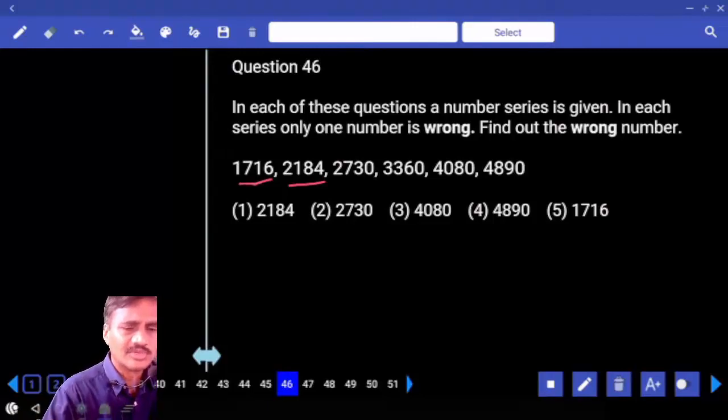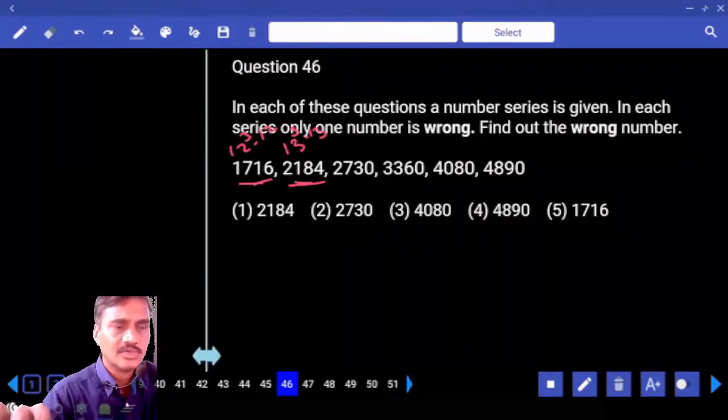And 12 cube is 1728, and this can be written as 12 cube 1728 minus 12. 13 cube 2197 minus 13, 14 cube 2744 minus 14, and 15 cube 3375 minus 15.